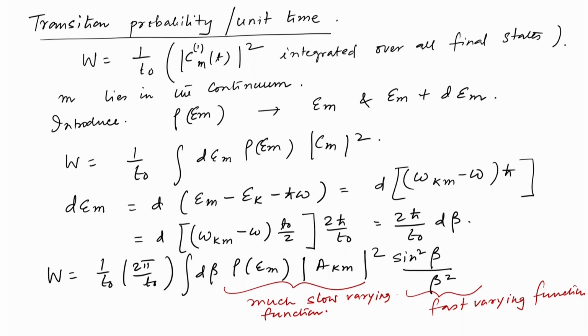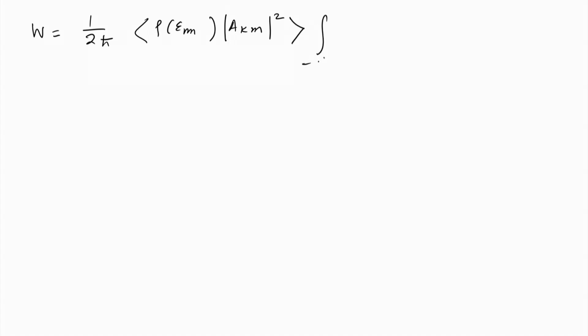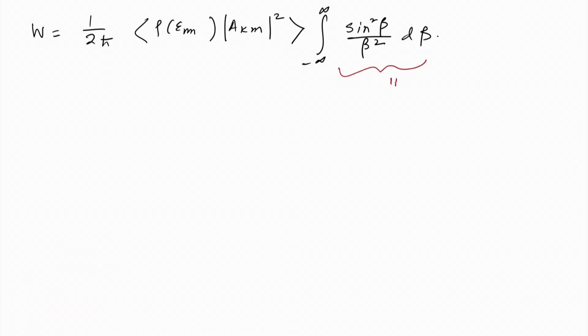We take an average value of these two terms and take them out, and write them as ρ(ε_m) and |A_km|², times the integral from minus infinity to plus infinity of sin²β/β² dβ. Now, this integral has a value equal to π.